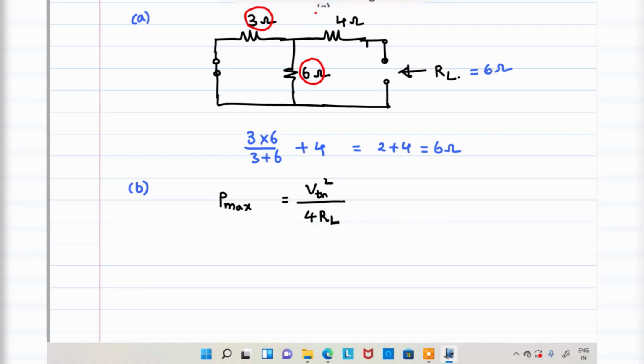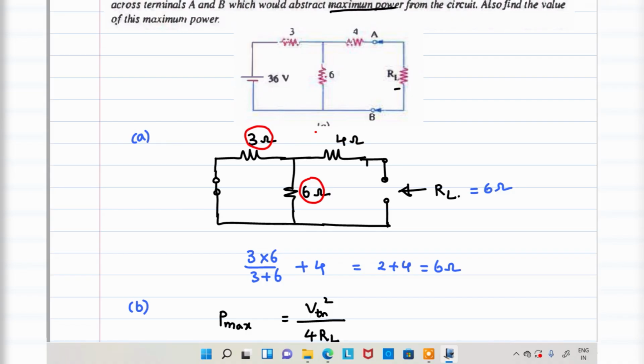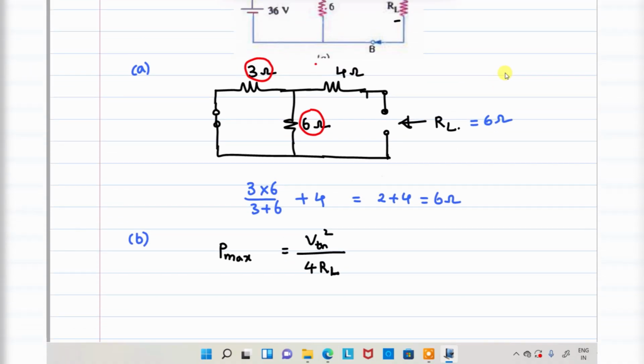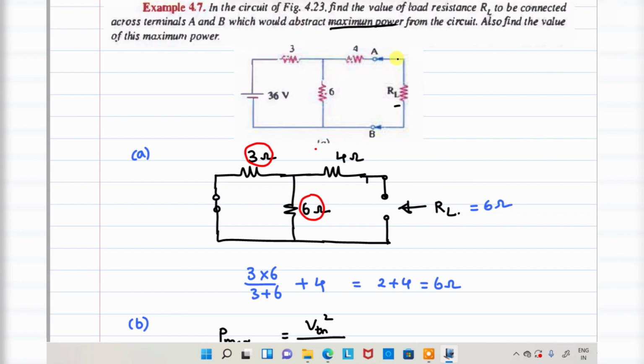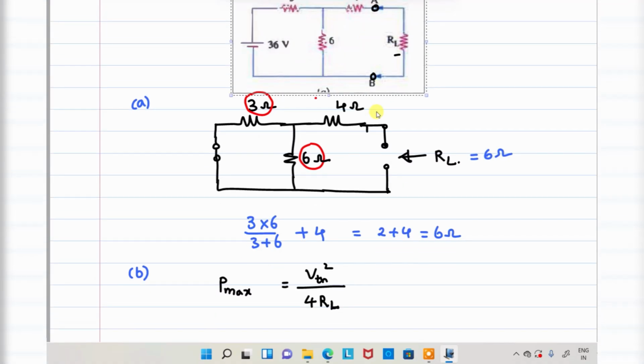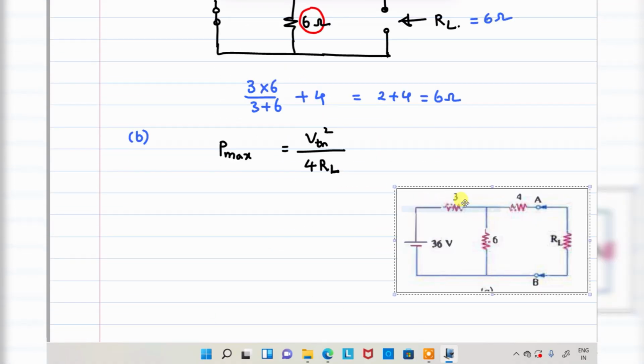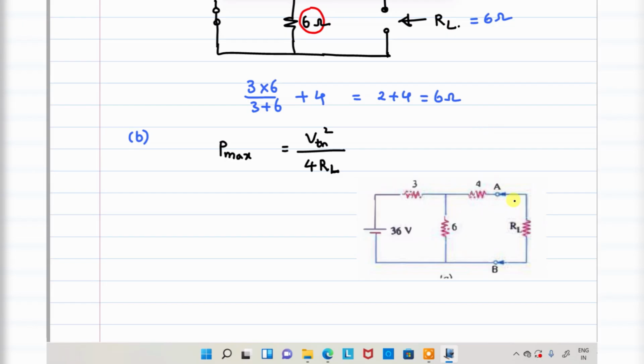VTH is nothing but the open circuit voltage across these terminals, right? So I have to calculate the voltage between these two terminals. So I need to copy this one. These two terminals are disconnected from the circuit, right?